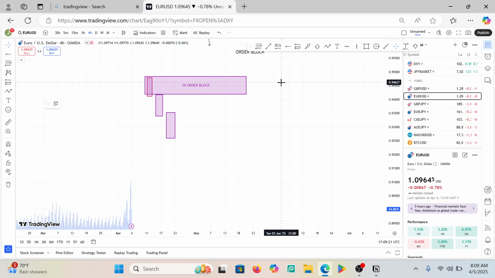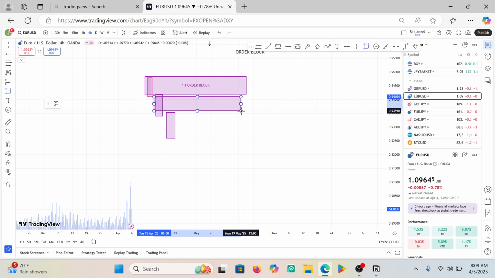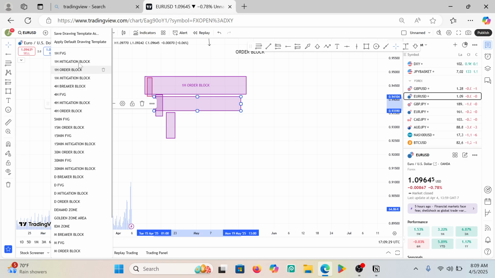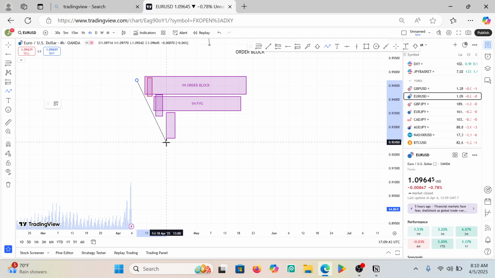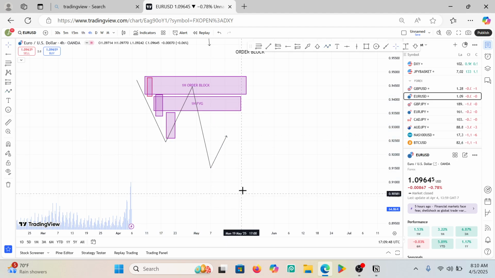Let's take that 1 hour order block. Our order block must have an FVG. It must have a fair value gap, and it must be unmitigated. So this market was on a sell, something like that.